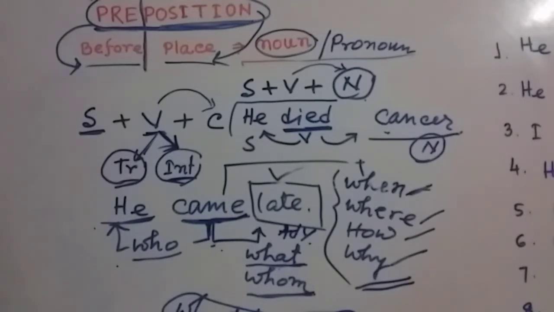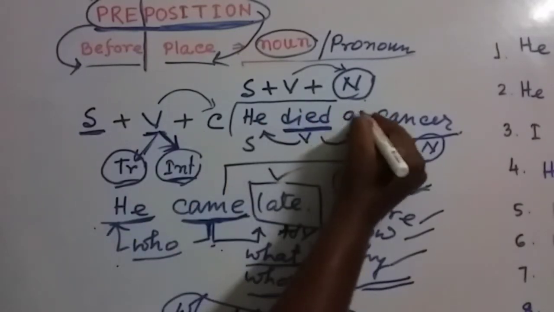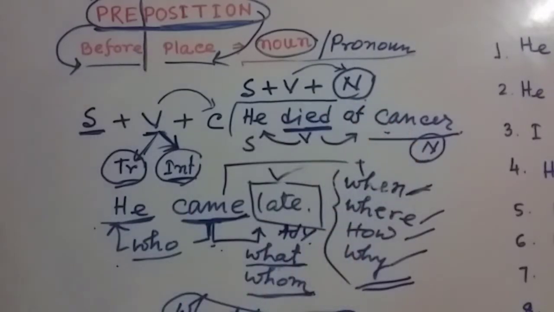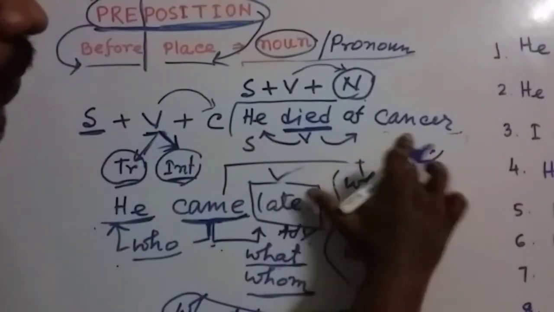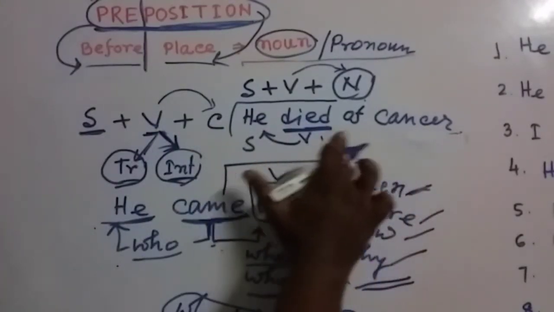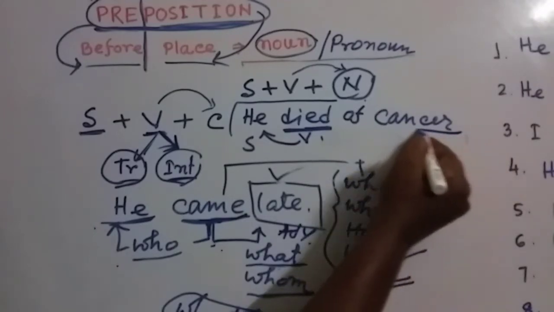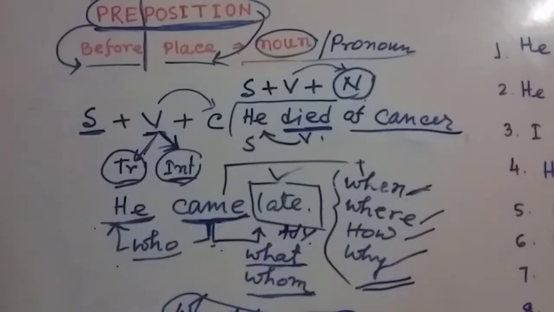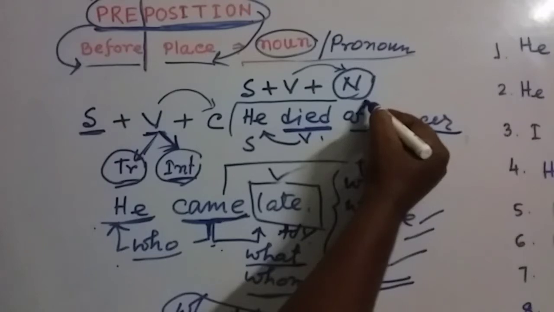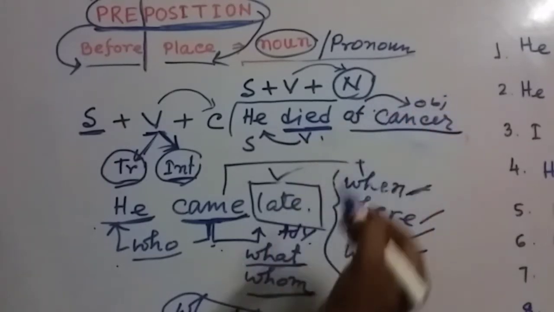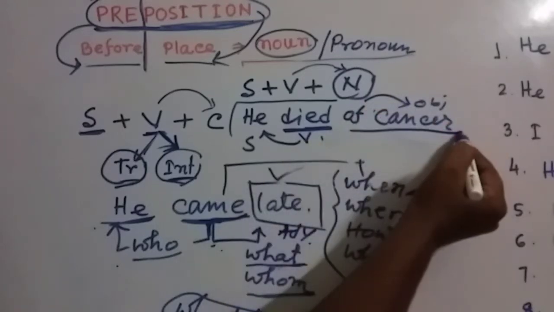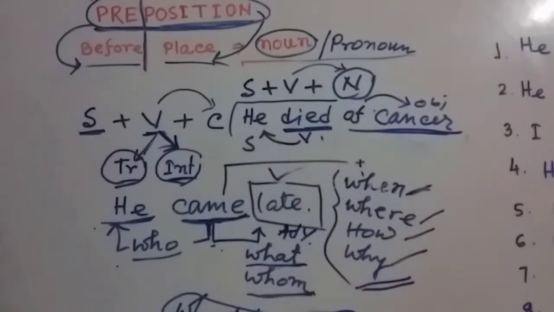Now, we will use the preposition of here. And my dear friends, if you think about this structure, of cancer, so of is the preposition and this is the object of this preposition, and it became a prepositional phrase.